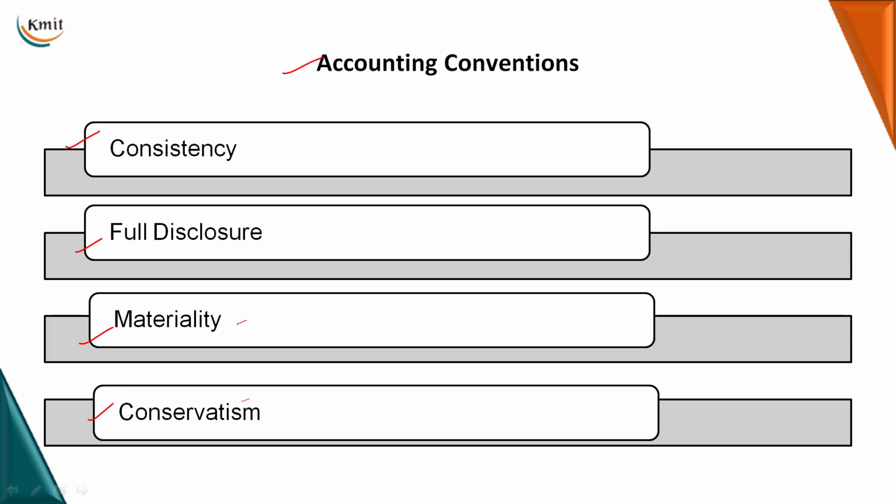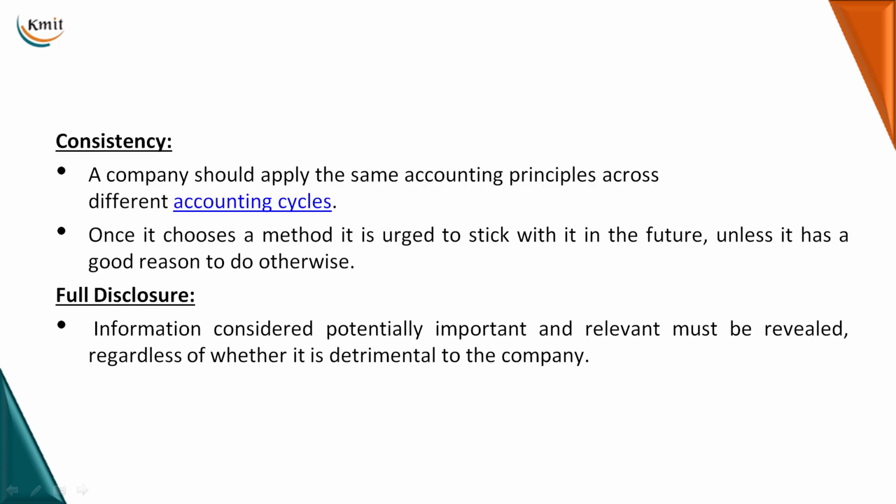Coming to the first one, that is consistency. A company should apply the same accounting principles across the different accounting cycles. Once it chooses a method, it is urged to stick with it in the future unless it has any good reason to change that particular accounting principle.